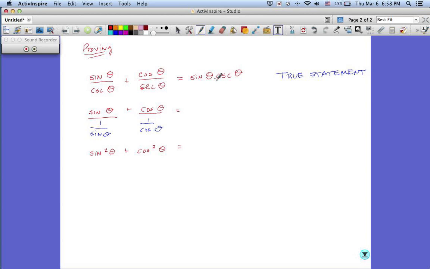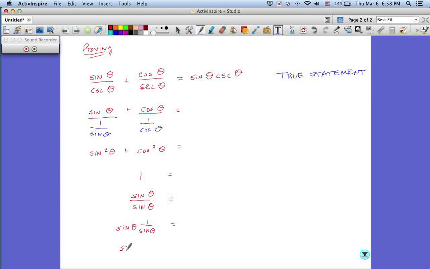Okay, now I'm making some progress. I want it to look like sine times cosecant. So sine squared plus cosine squared, that's 1. Well, that's not helpful because I want a sine. Oh, okay. So isn't this also 1? Yes, it is. And isn't that the same as sine times 1 over sine?